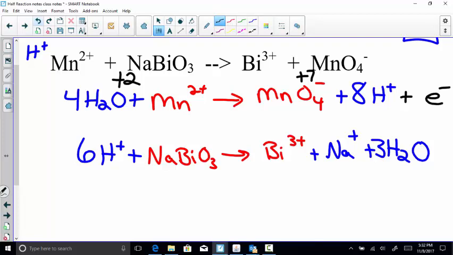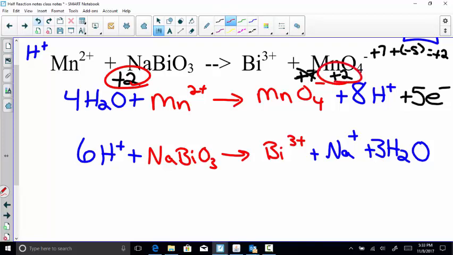If you think about this carefully, if I put 5 electrons over here, then +7 plus a -5 gives me +2. So now my net charge over here is no longer +7, it's +2, and so charge and charge are balanced.